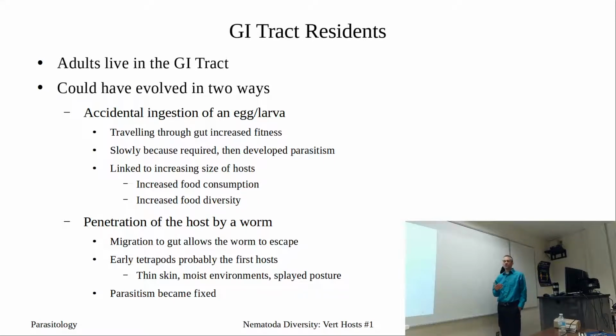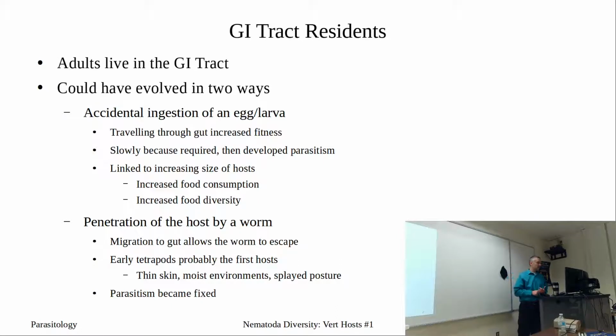There are actually two hypotheses as to how this parasitism developed. The first one is linked to accidental ingestion of the egg or the larva. The idea here is that you have animals, organisms that, as they migrated onto land, or during ancient history, started to increase in size.